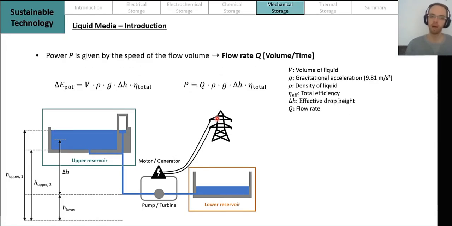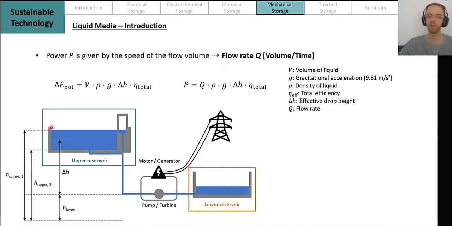The power this kind of system can supply is very intuitive here because it's given by the speed of the flow volume. So the power is basically the speed at which you can empty your upper reservoir and flow water back into the lower reservoir. This can basically be represented to some extent by a flow rate Q, and Q is a volume divided by time.